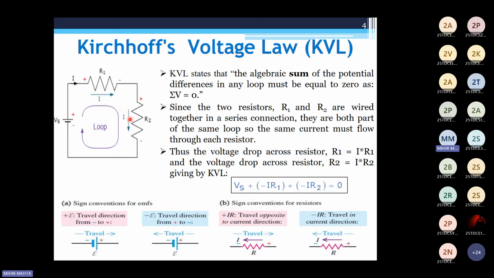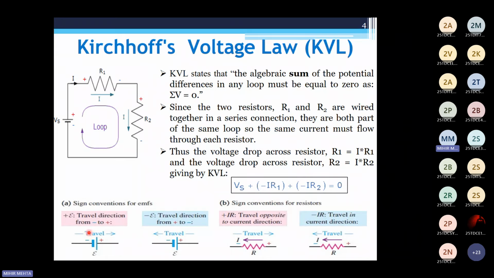Now there are also certain sign conventions here, so we'll just go through this. When we have a loop, in the loop direction which we are following, when you cross a particular voltage source, look at this loop: you're moving from this end to the bottom end, and from the bottom end to this end. From here, if you're crossing this particular terminal, you're crossing from the negative terminal to the positive terminal.